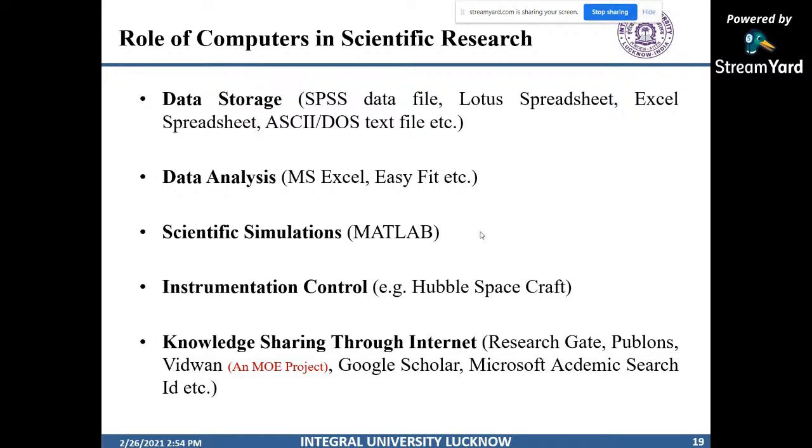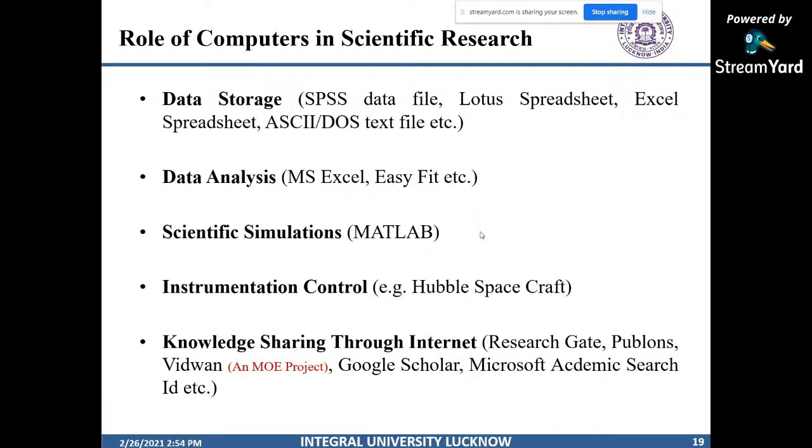Instrumentation control. Instrumentation control means you will be controlling the instruments by your computer. Some of the most advanced scientific instruments come with their own on-board computer, which can be programmed to execute various functions.